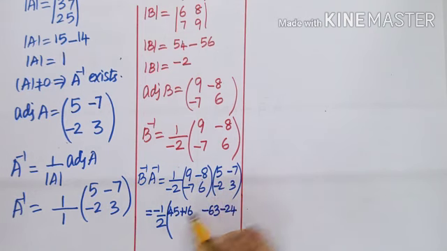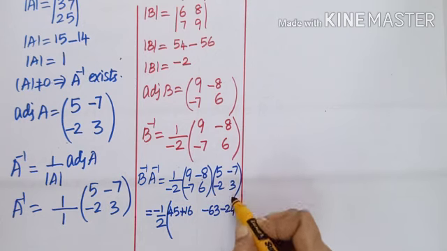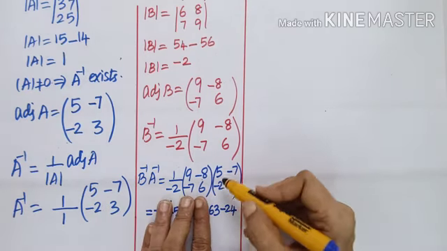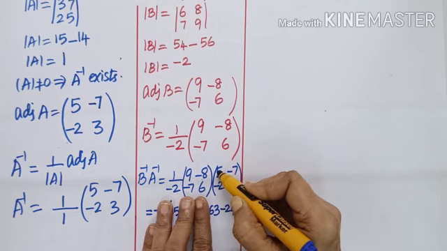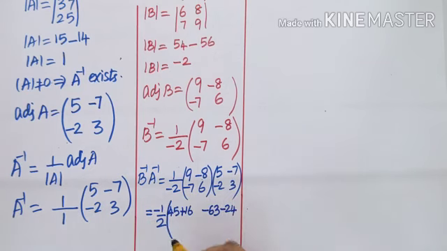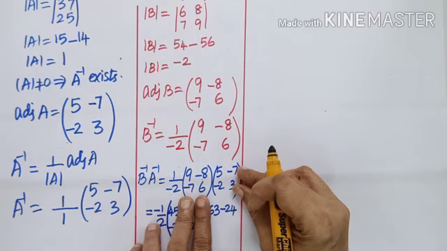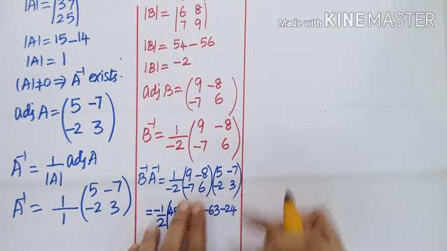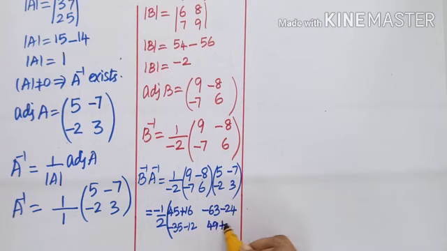Second row by first column: minus 7 into 5, 6 into minus 2. Second row by second column: minus 7 into minus 7 plus 6 threes are 18.